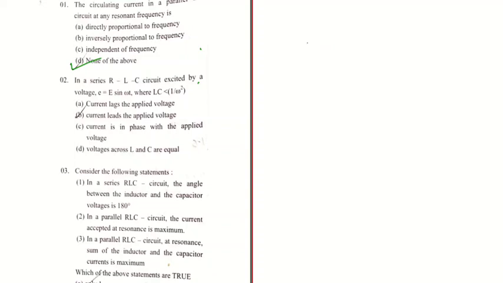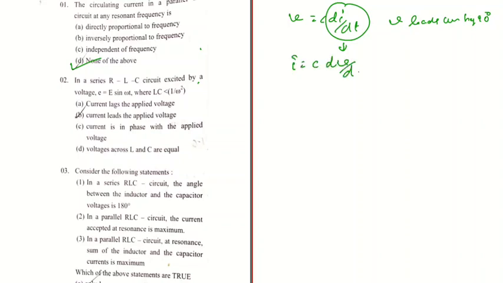So here we know that in an inductor V is equal to L into di by dt, that is, voltage leads the current by 90 degree. There is a phase difference because the current is differentiated. And in a capacitor, I is equal to C into dV divided by dt, that is, current leads voltage by 90 degree. It is not always 90 degree, but we can say it is 90 degree now.